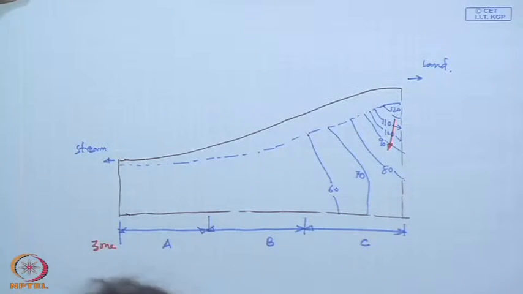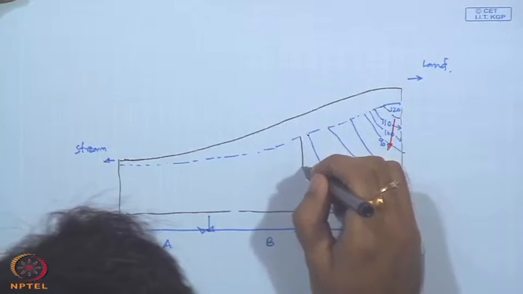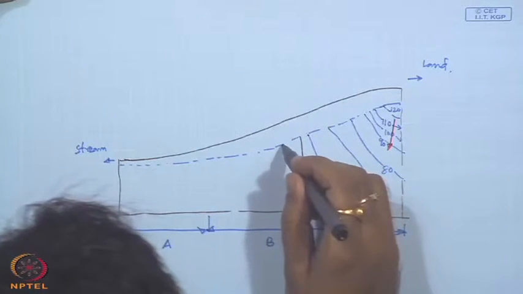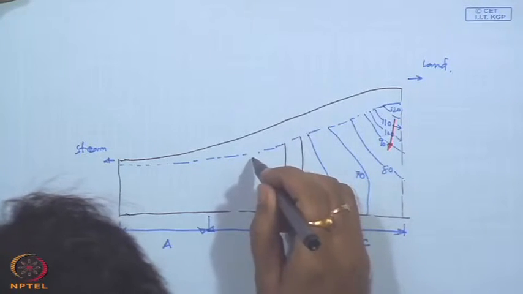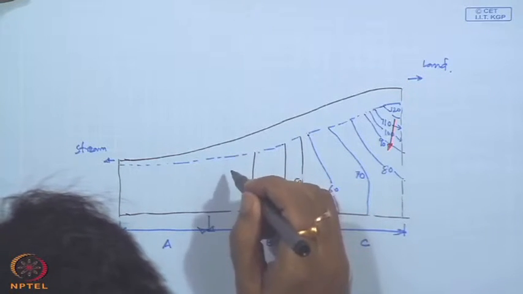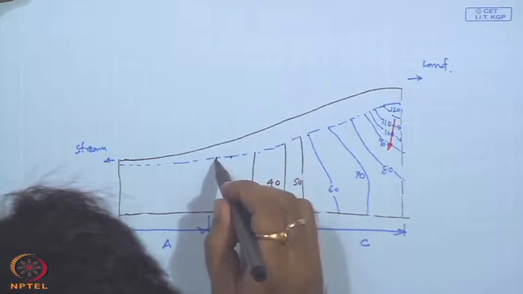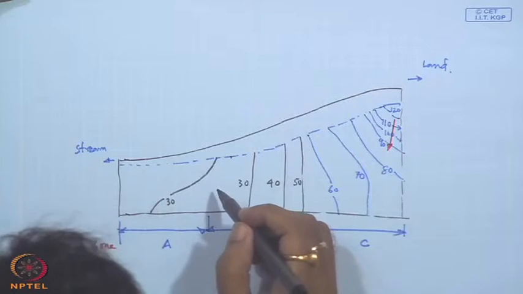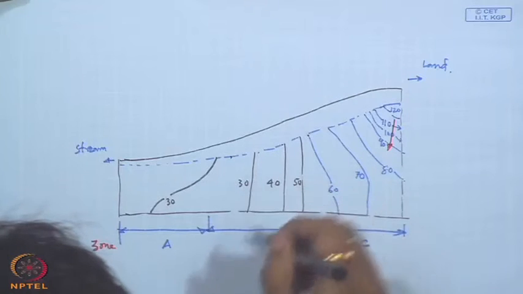So, next part, there will be almost vertical contours. So, these are 40, 30, and from there let us say again there is a change in the pattern, and now in this region A things are not that vertical.